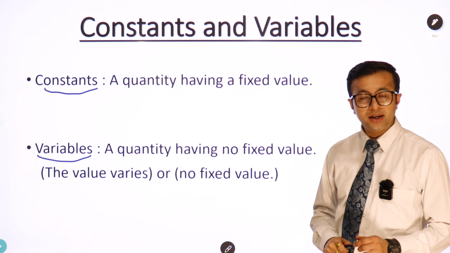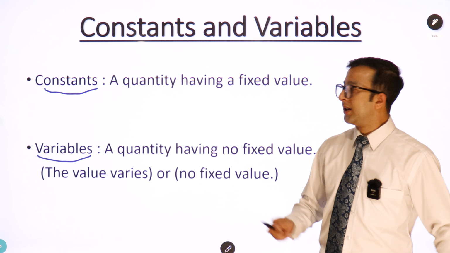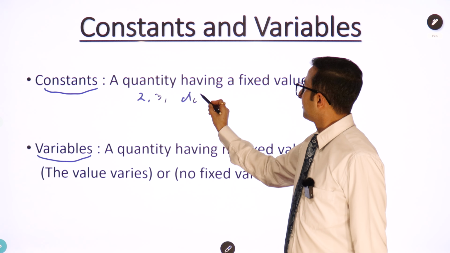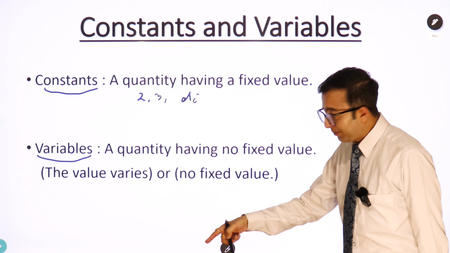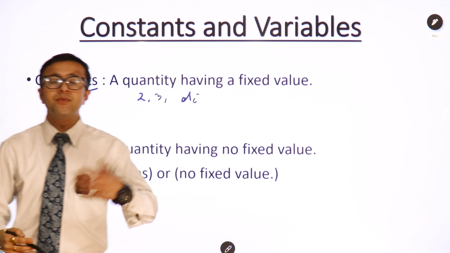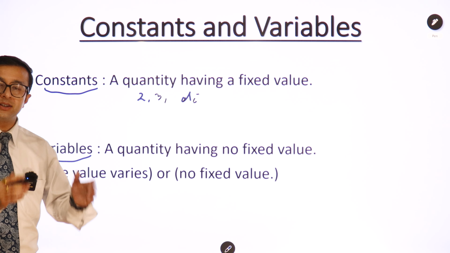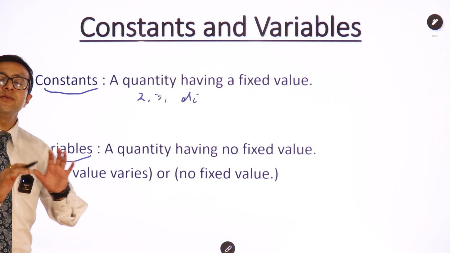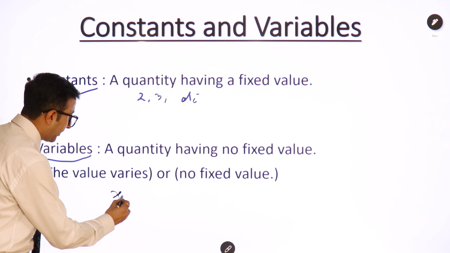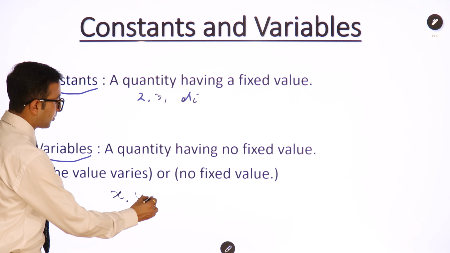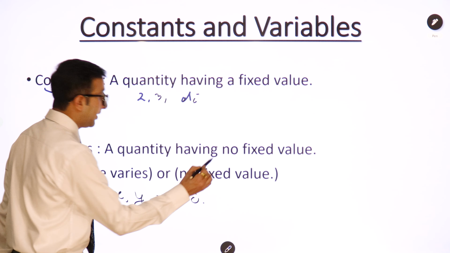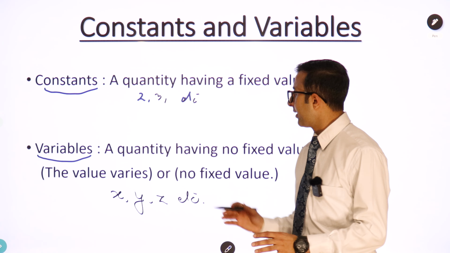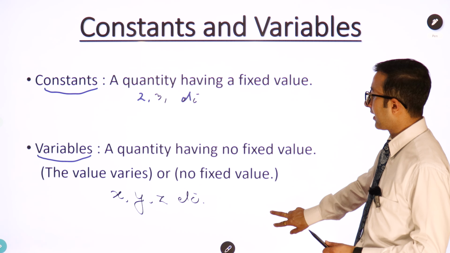So alphabets X, Y, Z, etc. will be used as variables. Simple thing is that constant means having a fixed value, variable means not having any fixed value.